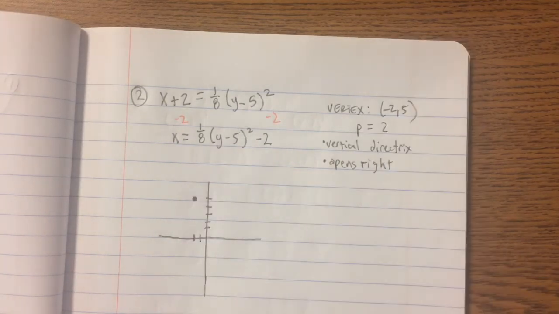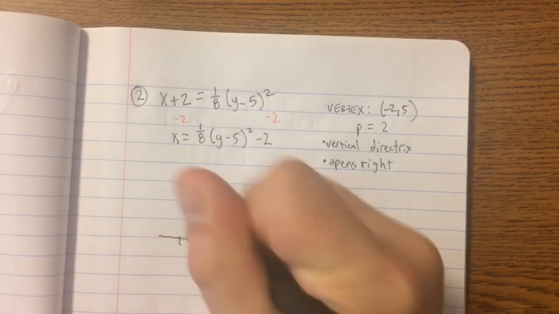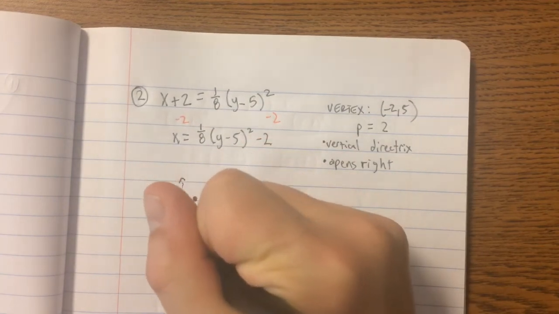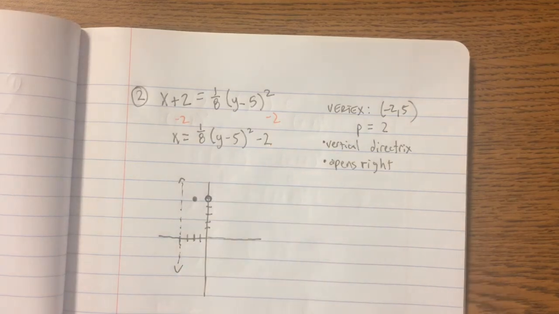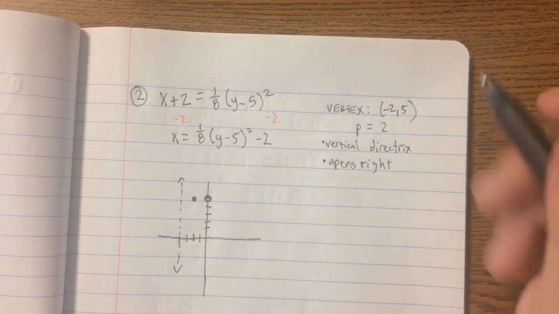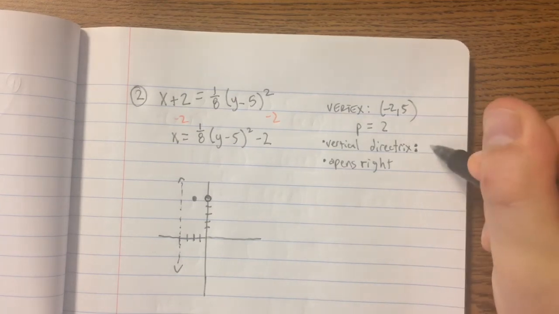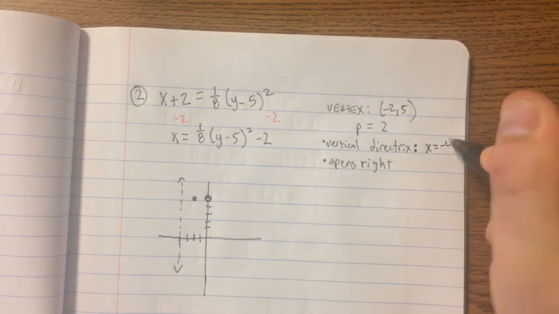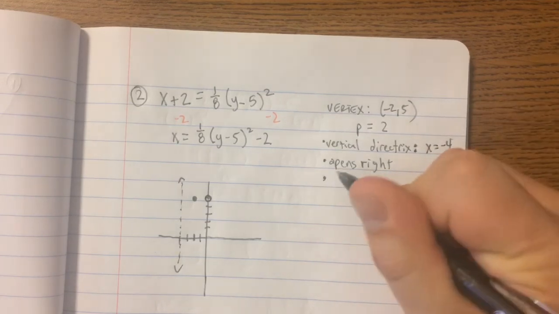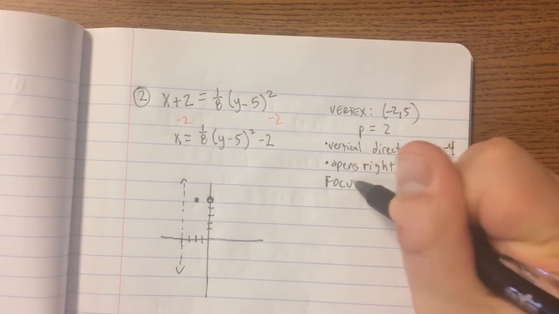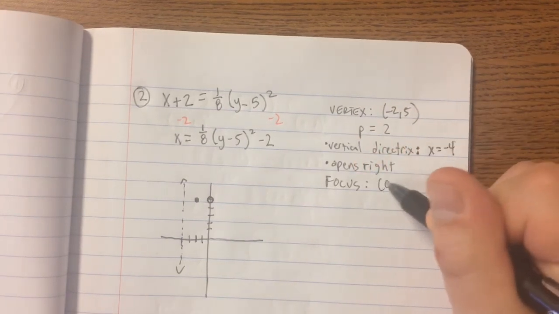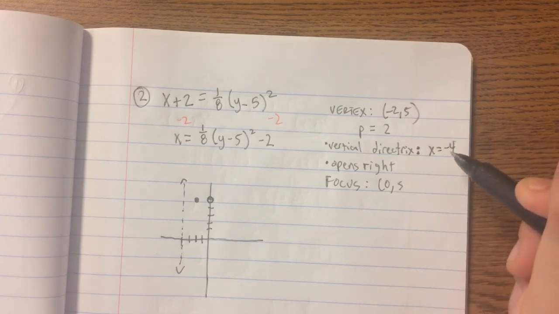I'm going to go 2 units to the left to plot the directrix, and 2 units to the right to plot the focus. Now I can write what those are. The directrix is going to be x equals -4, and the focus is going to be at 0, comma, was that 5? Yeah.